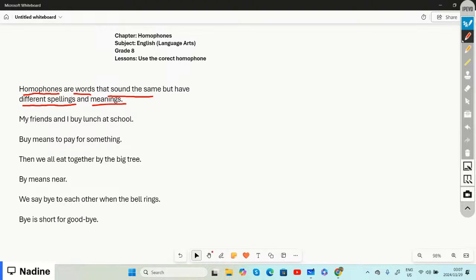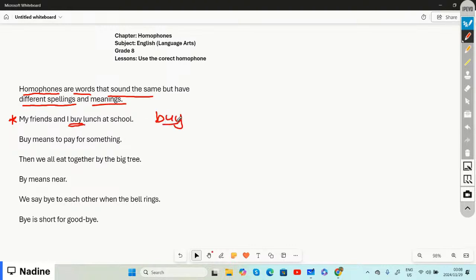And if we look at a few examples of homophones, it says, my friends and I buy lunch at school.